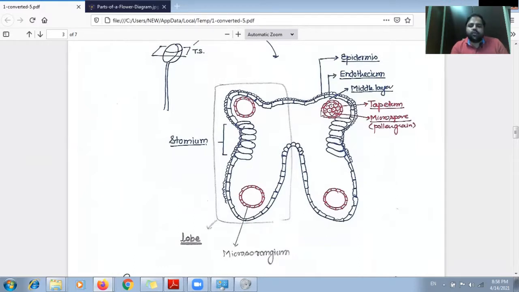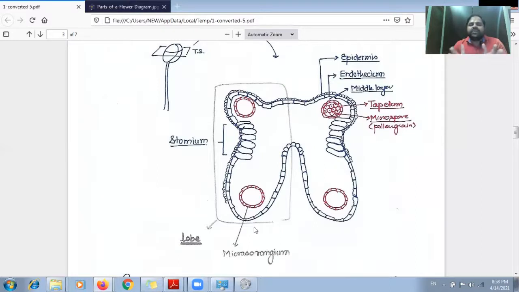There are two lobes, and in each lobe there are two theca. So a total of four theca or lobules are there, and each lobule has a microsporangium. In other words, each lobe of the anther has two microsporangia.